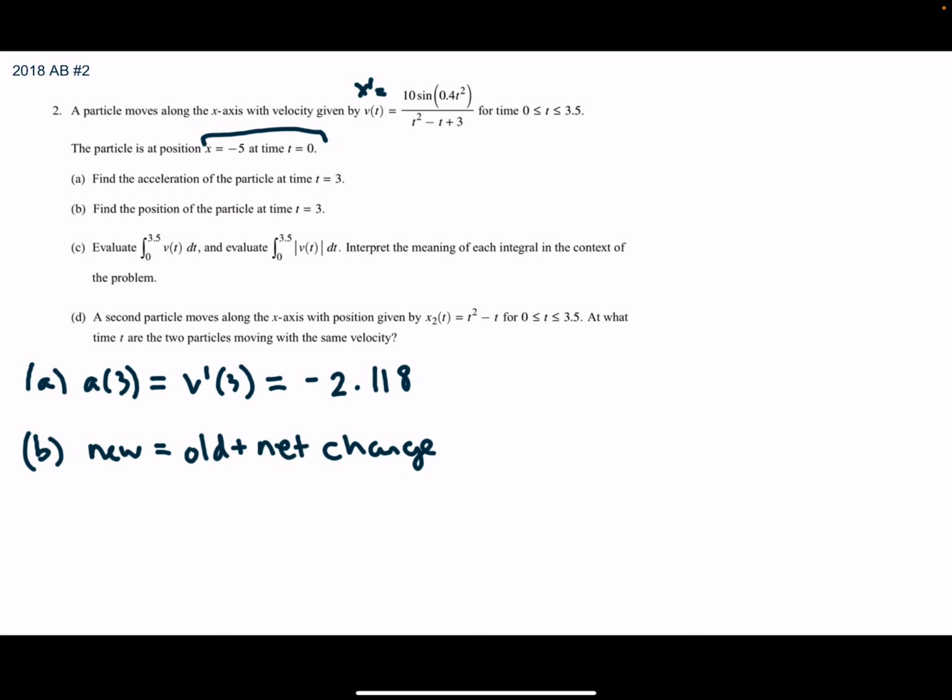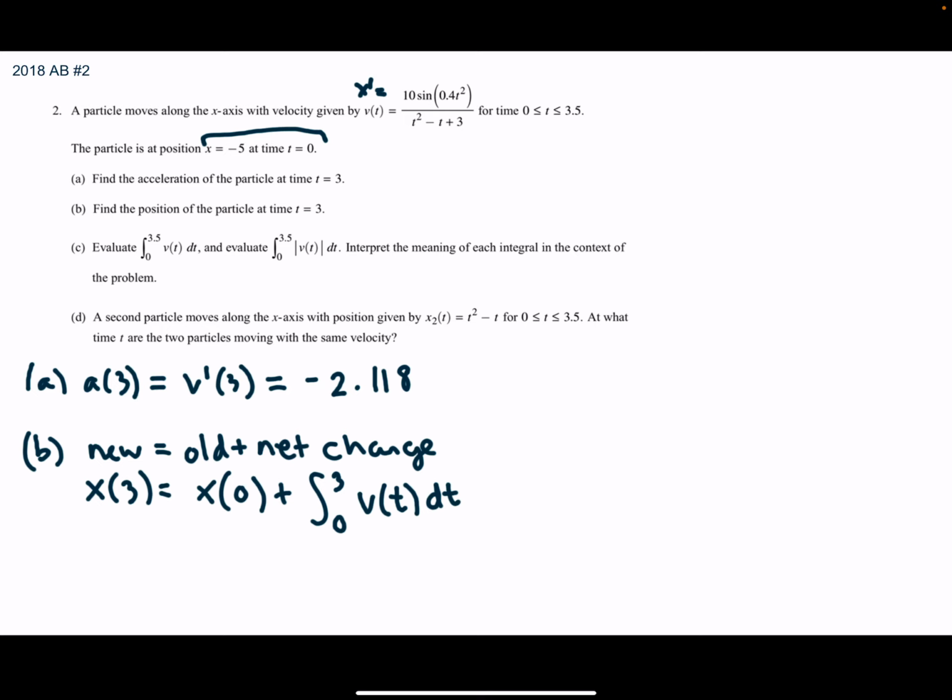The new value here is my position at time 3, and that's going to equal the old value, my position at time 0, plus the integral from 0 to 3 of my velocity function. I'm going to write V of t in here specifically, because if I enter it wrong on the calculator, I might lose a point for the answer, but if I accidentally write it wrong inside this integral, I don't want to lose the point for the integral. So I'm going to call it V of t.